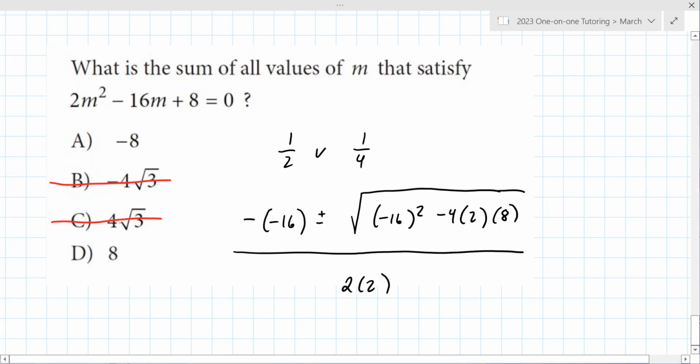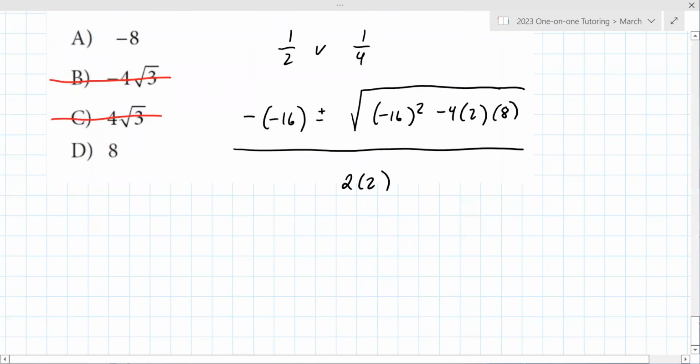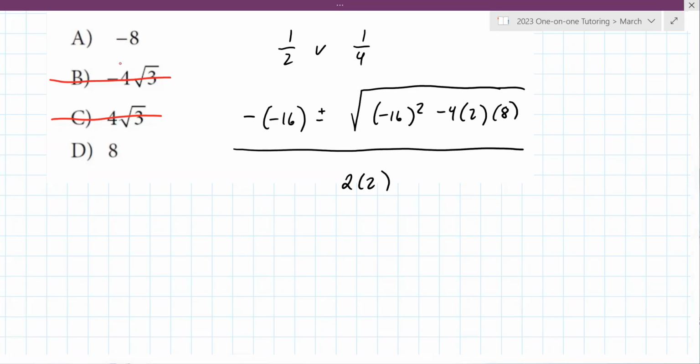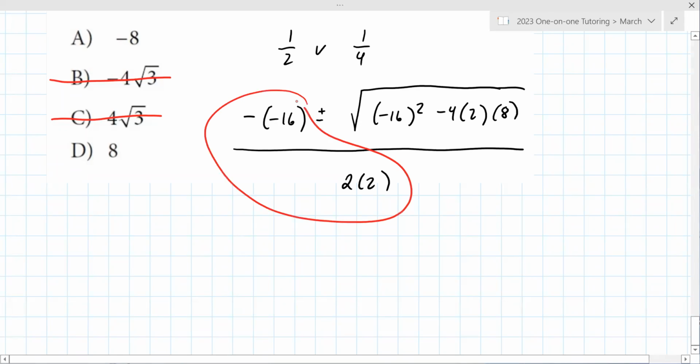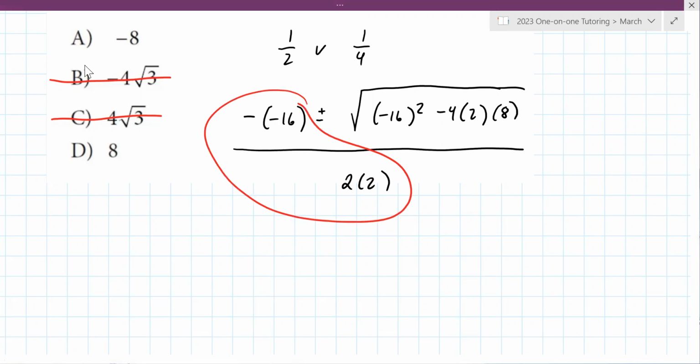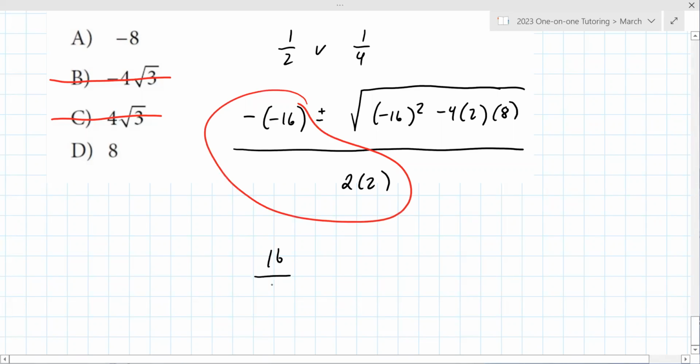Now, here's the shortcut: you don't actually need to calculate what's in the square root, believe it or not, because it's going to cancel. It ends up just being the part out in front that matters, because it's 16 over 4 plus or minus the square root of something over 4.